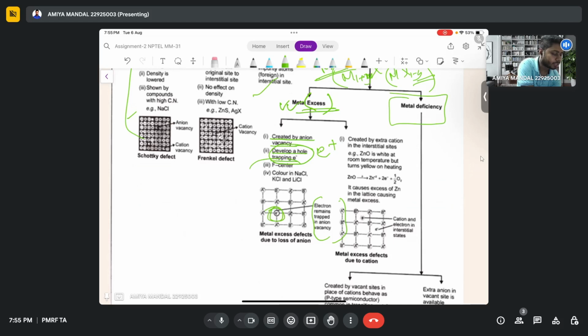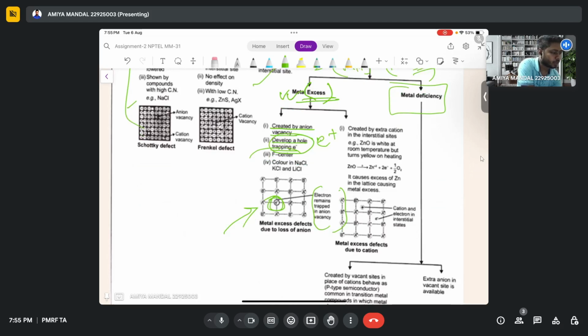This is the case for sodium chloride, lithium chloride, potassium chloride, and for an oxide material like zinc oxide, the cation and electron occupy interstitial states. Here the cation interstitial also applies. Metal excess defect due to cation, this is for Zn plus.